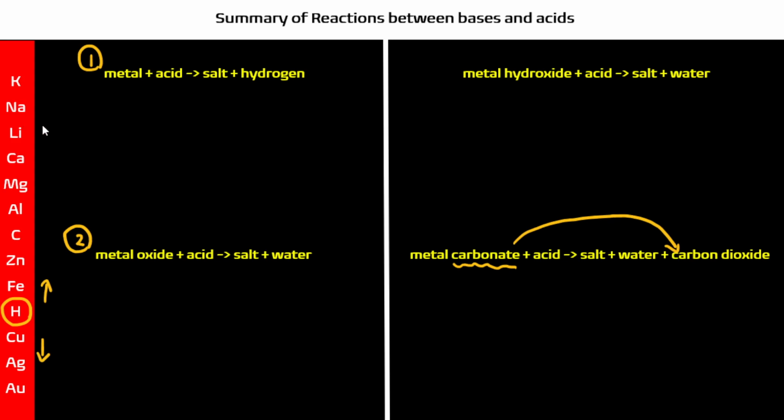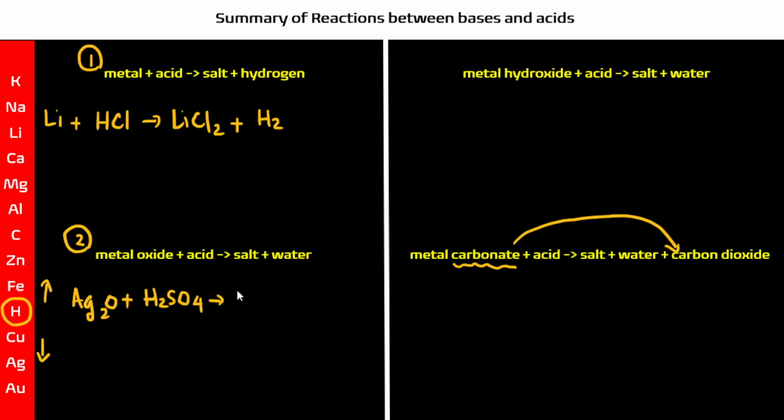Okay, so I'm just going to write down some very rough ideas on equations. Let's say lithium plus hydrochloric acid will give me lithium chloride plus hydrogen gas. If it was a metal oxide, let's say silver oxide, and if I want to produce silver sulfate, it would be H2SO4, and my salt would be silver sulfate, and water.